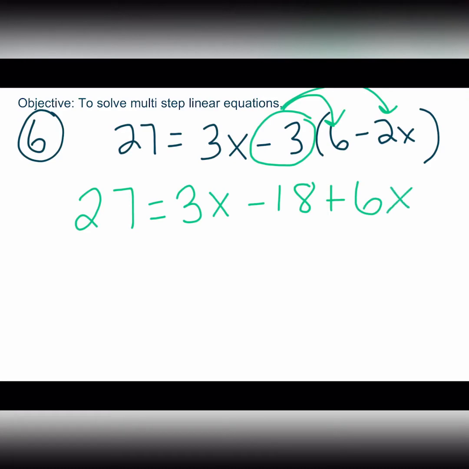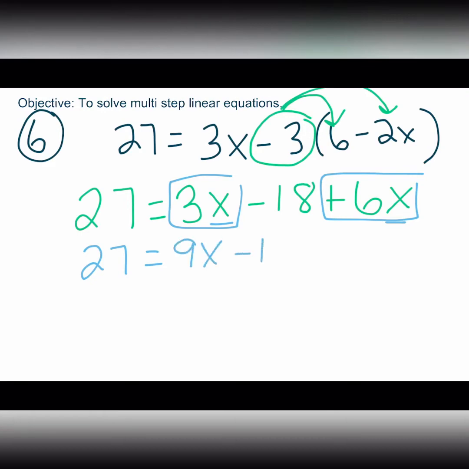Okay, so my next step is I need to combine my like terms. So we have an x and an x, so those are my like terms. So I'm going to bring everything else down. 3x plus 6x is 9x. And then we add 18.